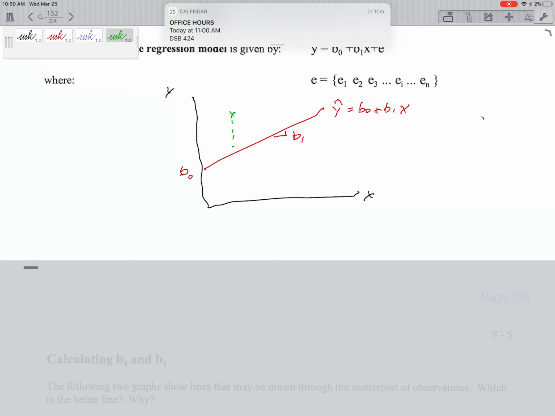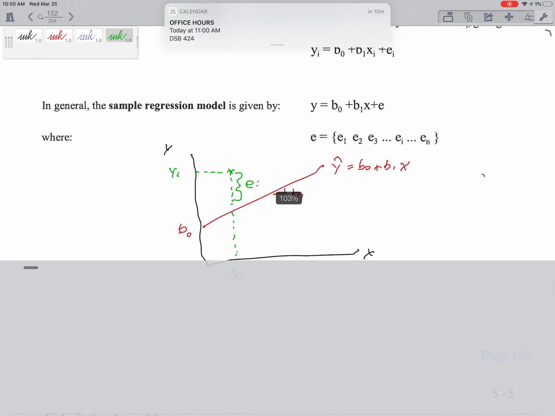Any particular value, let's say this particular house here, will differ from the regression line by some error term. And we'll call that e i, not epsilon i, because we're talking about a sample now.